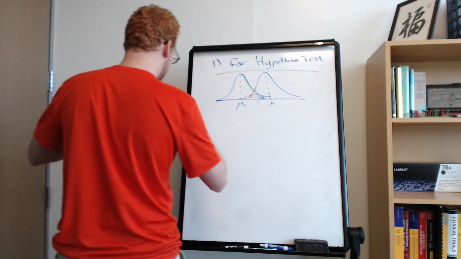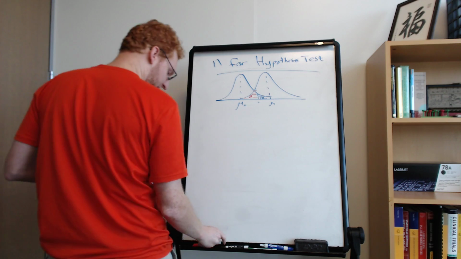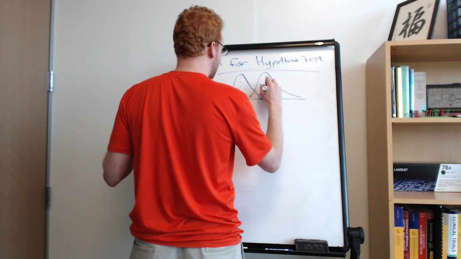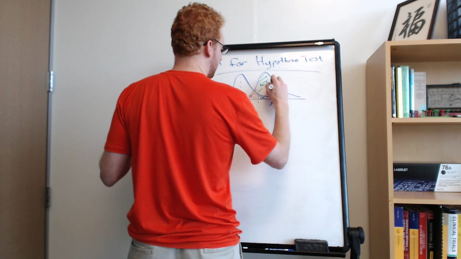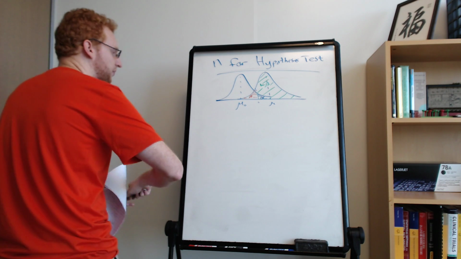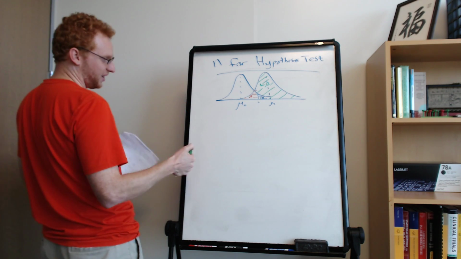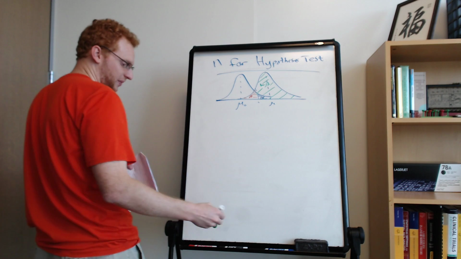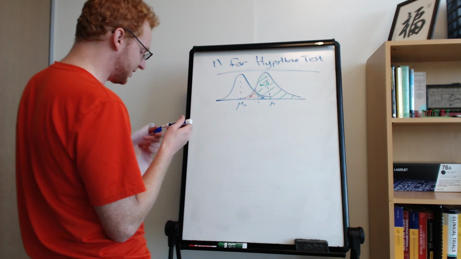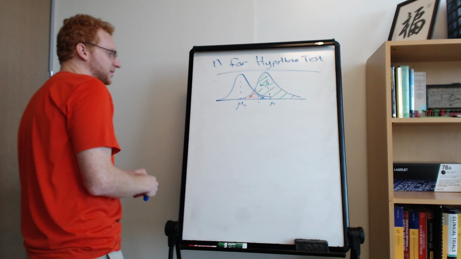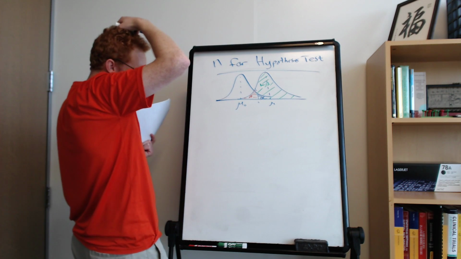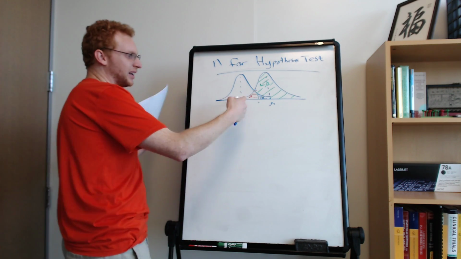We have alpha and beta and 1 minus beta and all sorts of stuff going on. So we have the distribution under the null, which is H naught. Under the null, it has the mean mu0 and some variance. And under the alternate, it has a mean that's not equal to the null, and it has the same variance.